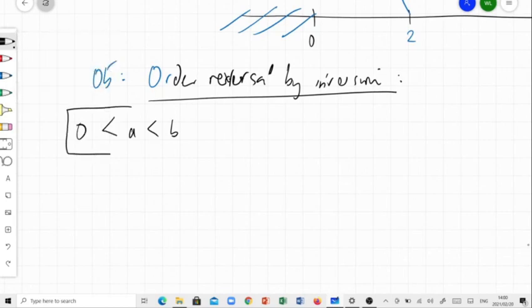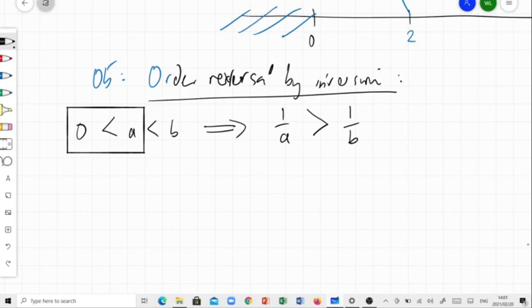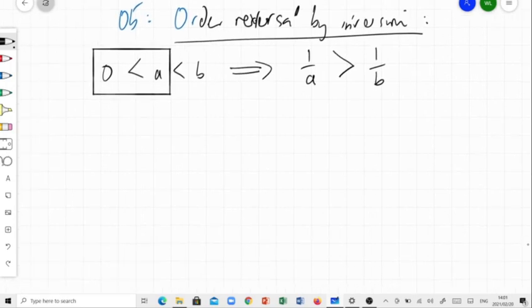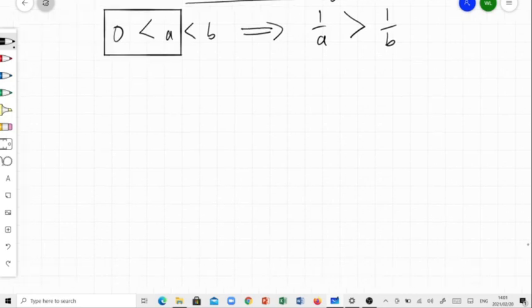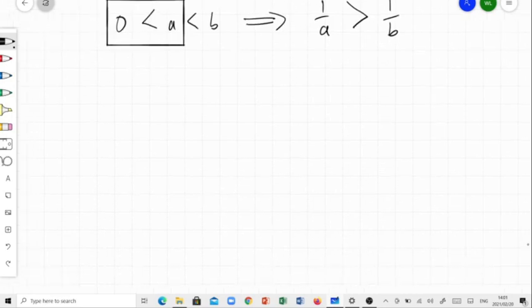Look at this, that box is specifying that both A and B are positive. If A and B are both positive, and I do an inversion operation on A and B, taking 1 upon A and 1 upon B, then notice I get order reversal, okay? The number that was formerly closer to the origin now becomes further from the origin under inversion. So this is what's happening.